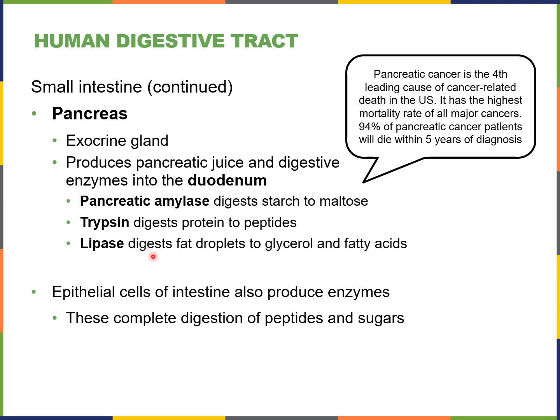Lipids are basically the same thing as fats, so that we can make fatty acids, which go into making things like your phospholipid membranes or different sterols within your body as well. Epithelial cells in the intestine are also producing enzymes, and then all of that together is completing digestion of peptides and different sugars.